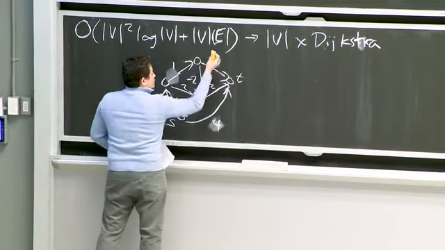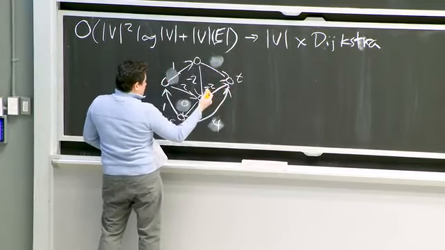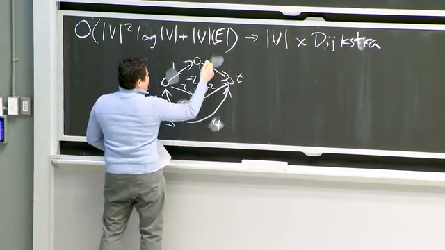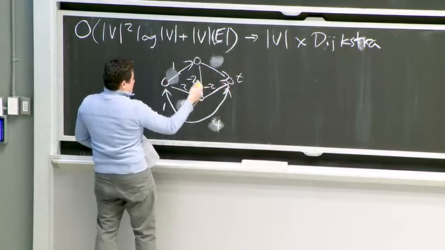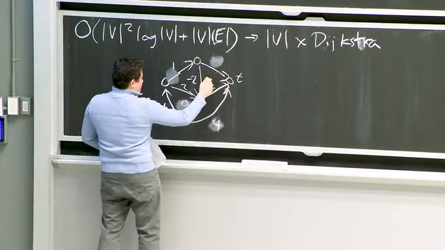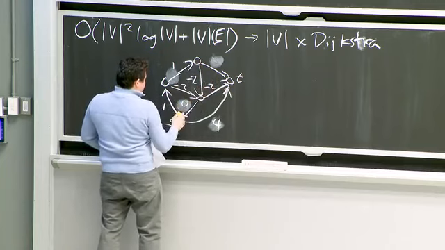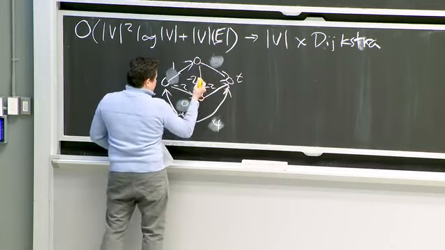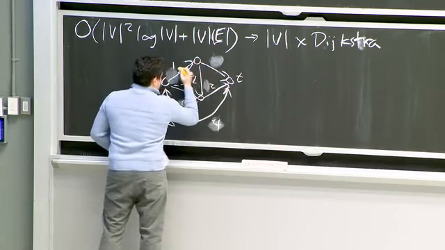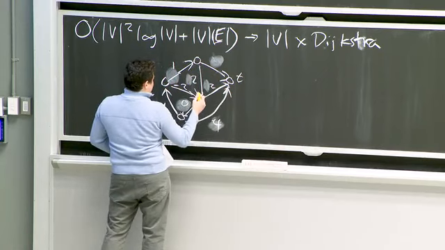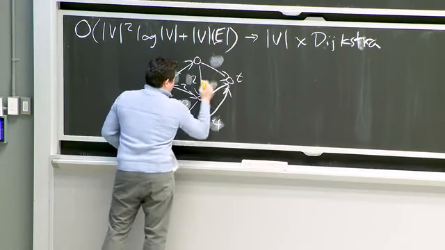But now, sorry, yeah. This is not a shortest path. Okay, I'll make that -2. And then these both 2, and this 4.